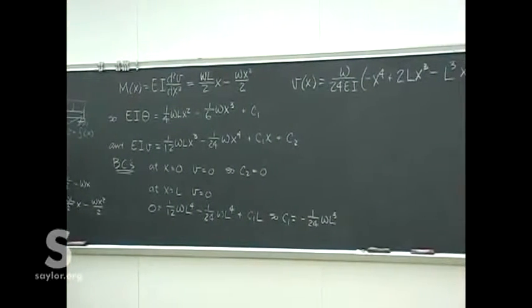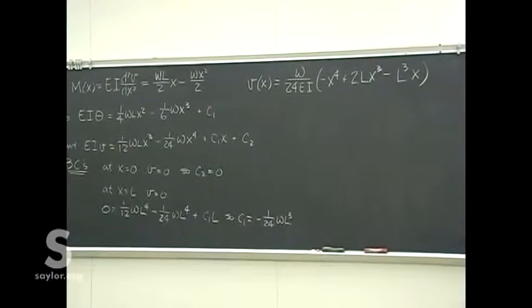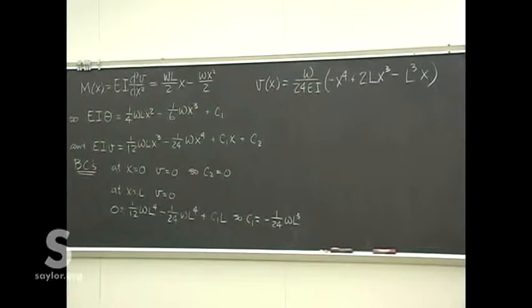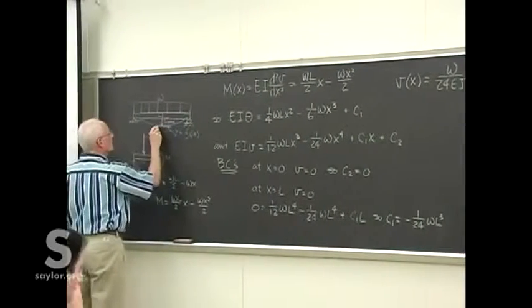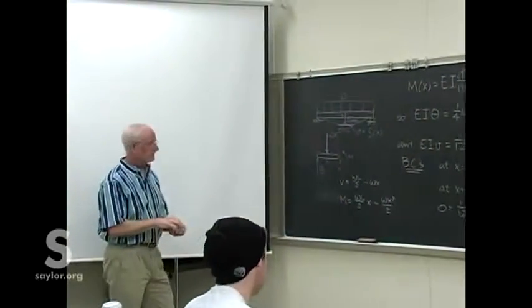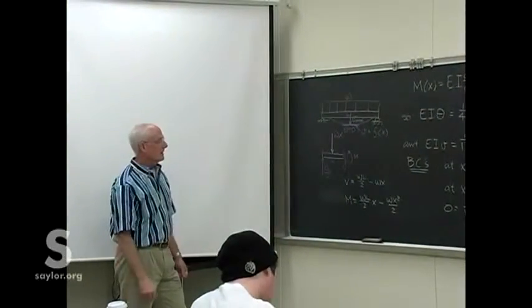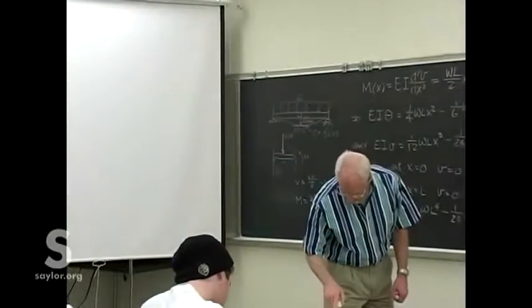By symmetry, we also know that the maximum deflection will be right there in the center where the slope equals 0. And so we could figure out just what that would be for various values.